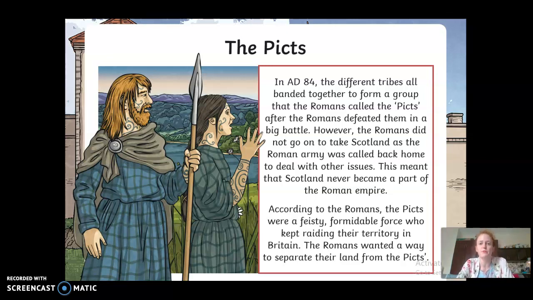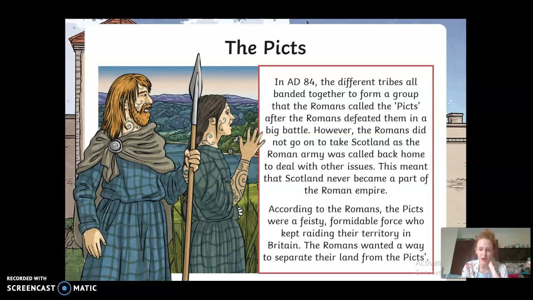So what do we know from this slide? We know that Romans called the Scottish tribe Picts. They fought with them, and the Romans indeed won these battles with the Picts. However, they never really occupied their land, so Scotland was separate from the rest of Roman Britain. And the Picts were feisty, which means they were very courageous and very strongly willed, and formidable.